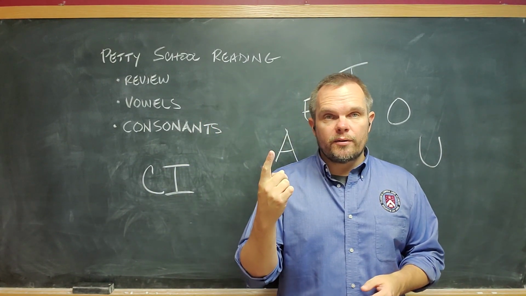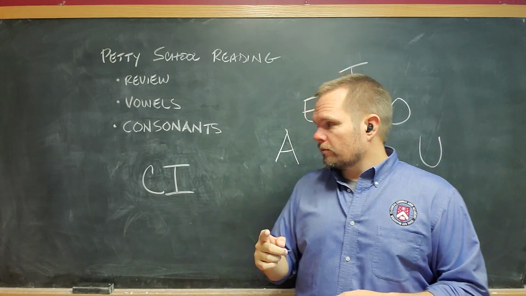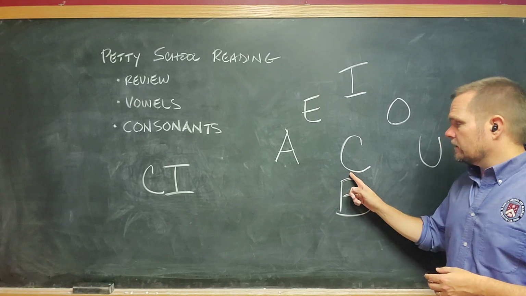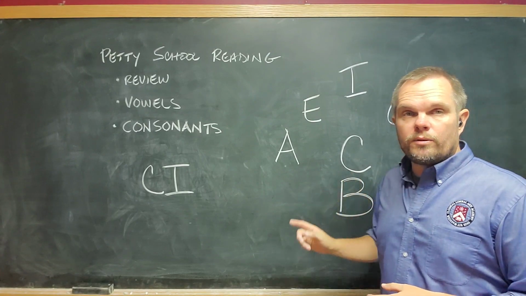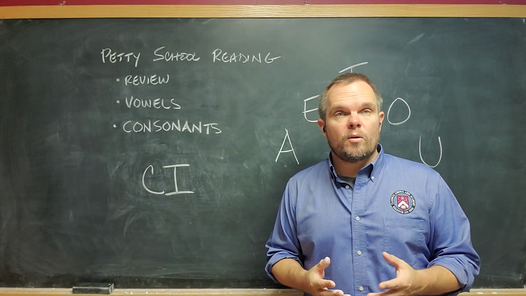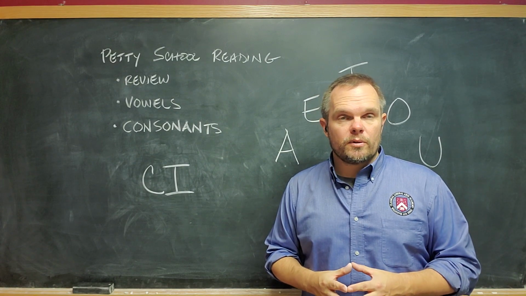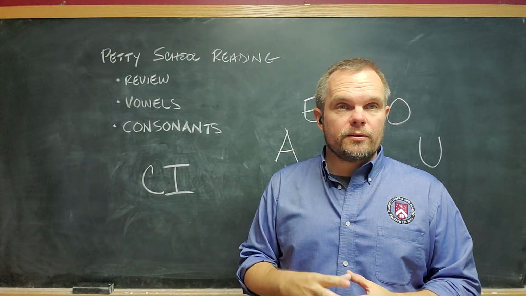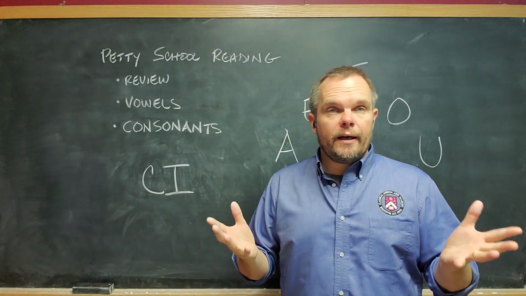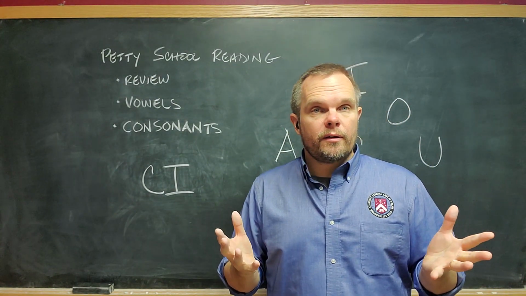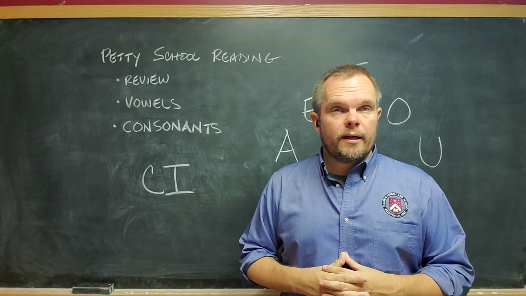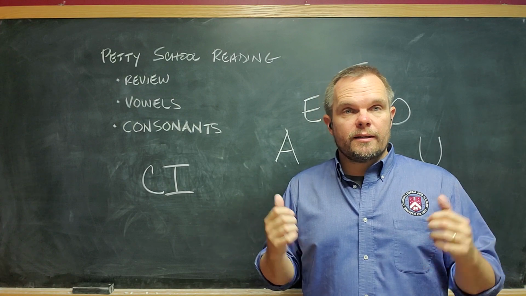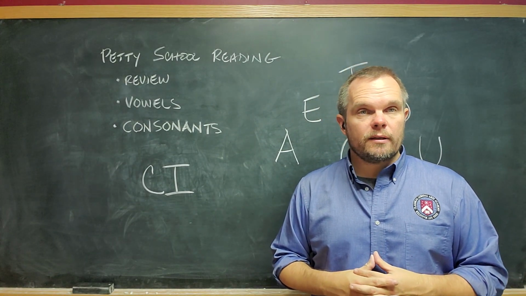The consonant sound B, which is written with the letter B in English, and the consonant sound K, which is written with the letter C or K in English. So 5 vowels and 2 consonant sounds, and we already have 25 different syllables that we can write and read in English using these sounds from classical Latin.